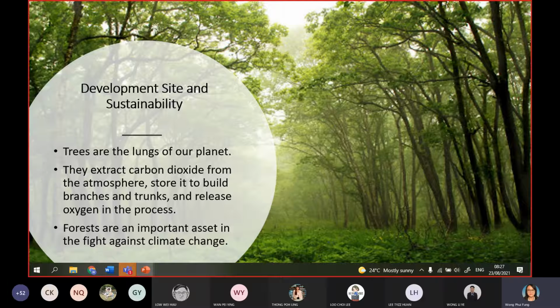There is a popular saying that trees are the lungs of our planet. Why do we say they are the lungs of this planet? Because trees extract CO2 from the atmosphere, use it to build their branches and trunk, and release O2 in the process.